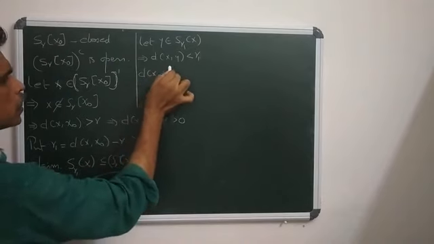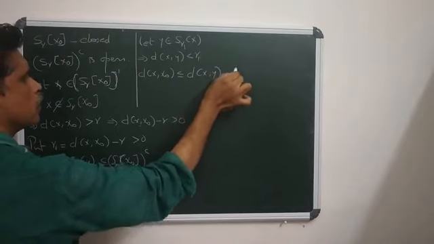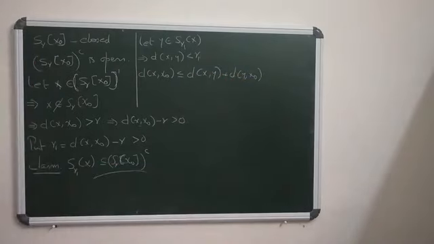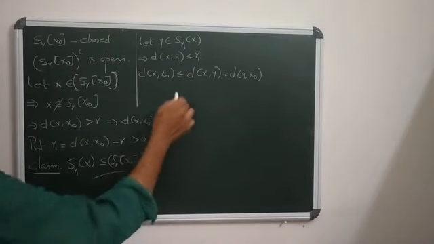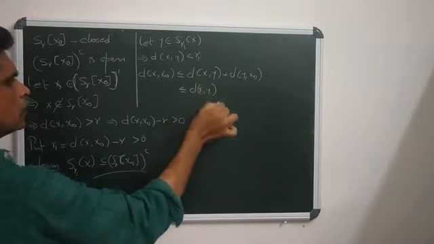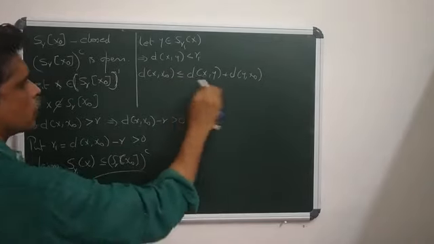By the triangle inequality, d(x, x0) is less than or equal to d(x, y) plus d(y, x0).